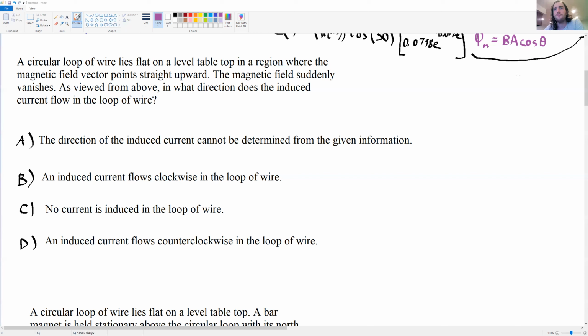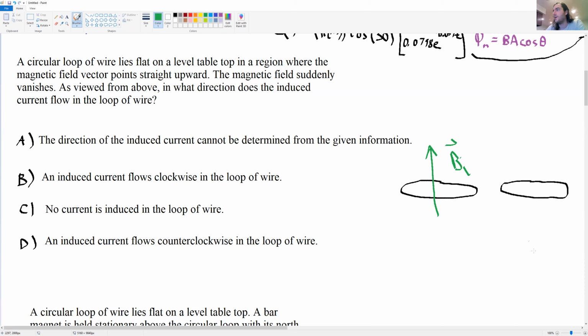So for this question, we have a circular loop of wire which lies flat on a level tabletop. Let's draw a quick picture, and you'll find that this picture looks an awful lot like the last question. The magnetic field in the loop is directly upward initially, and the magnetic field is then switched off.